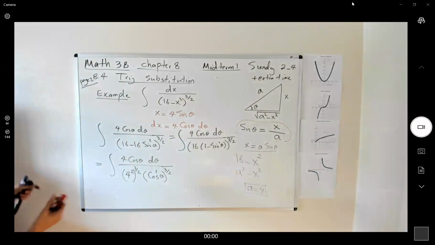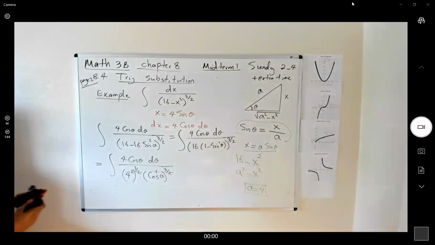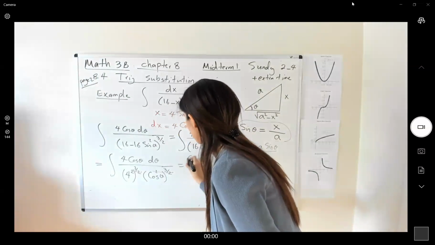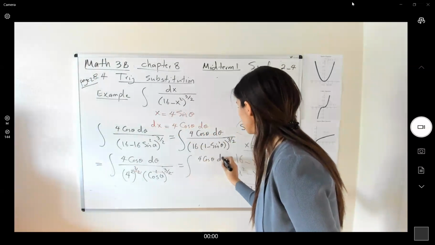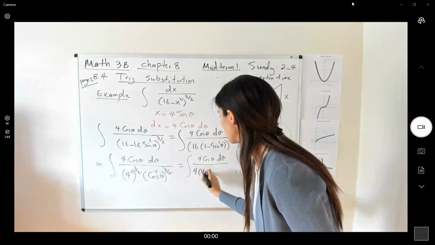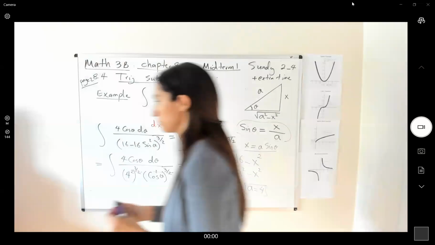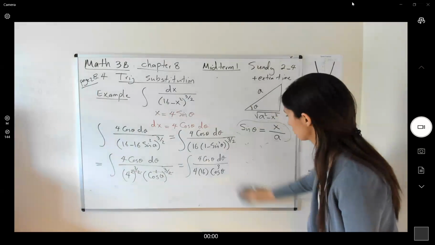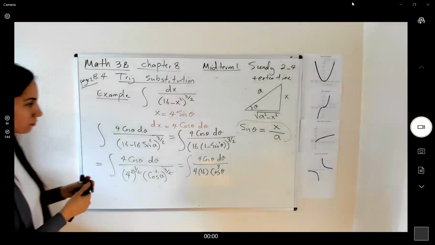Very well. I can cancel out 2 and 2. What do I get? I get the integral 4 cosine theta d theta divided by 4 times 16 cosine to the third of theta. Very well.